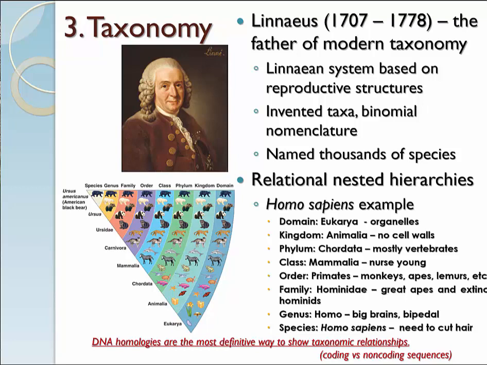One example is with the hemoglobin protein between humans and rhesus monkeys. There are only 8 amino acid differences, and so there are only 8 different places in the coding DNA sequences that are different between us and the monkey, the rhesus monkey.